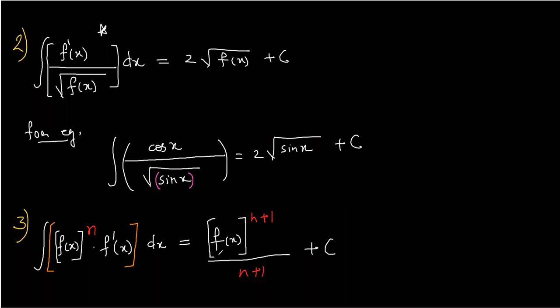What is the answer for this, students? It is f of x raised to n plus 1. You increase the power of f of x by 1 and write it as the new power, and you also divide by n plus 1.